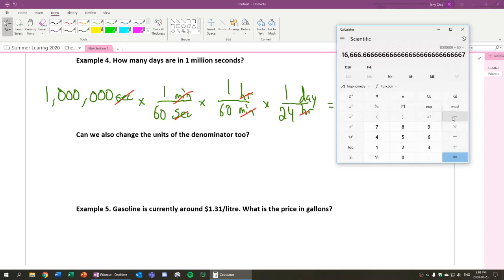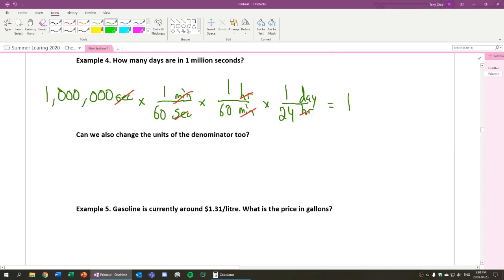Divided by 60 again. That's how many hours there are in a million seconds. And lastly, divide by 24. And I get 11.574 days. So every 11 and a half days, you lived a million seconds.